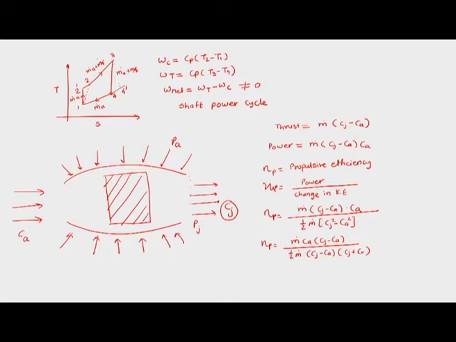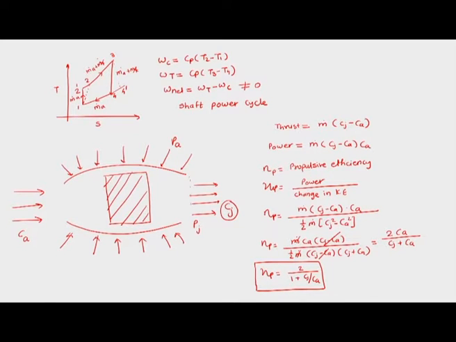Here Cj minus Ca will cancel, m dot will cancel, and we get 2 Ca divided by Cj plus Ca. So we have propulsive efficiency as 2 upon 1 plus Cj upon Ca. This is the formula for the propulsive efficiency of a gas turbine power plant.